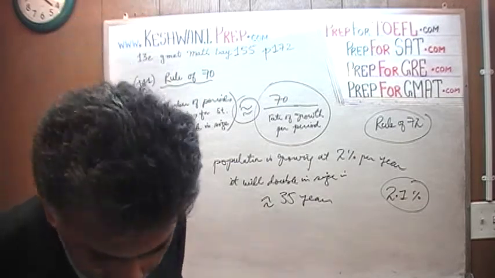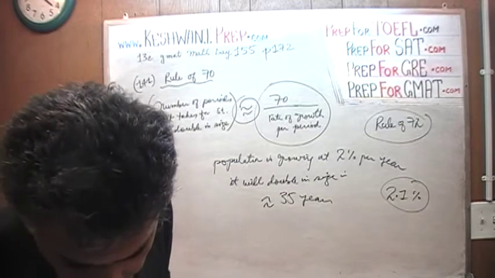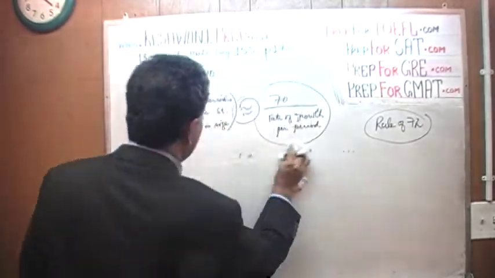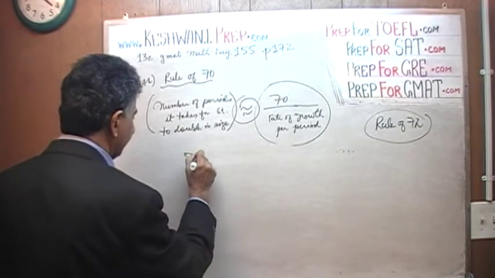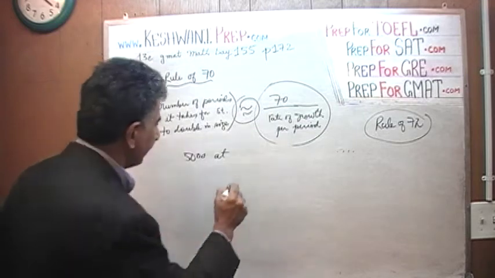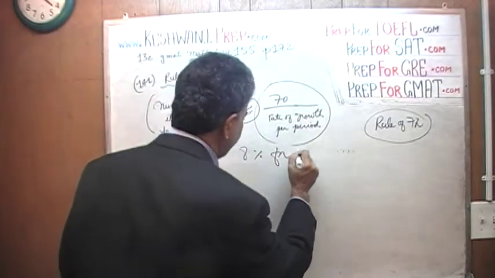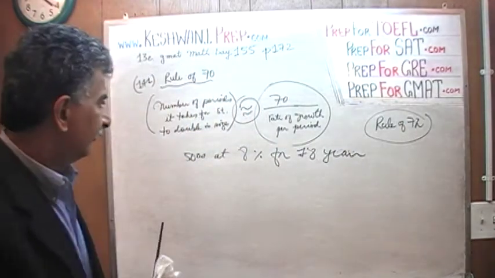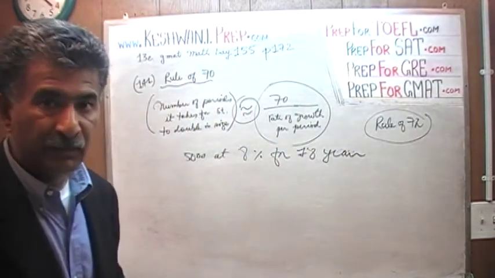In this example, the question is, we are investing $5,000 at 8% for 18 years. And the question is, what's going to happen to our $5,000 if it's invested at 8% for 18 years?